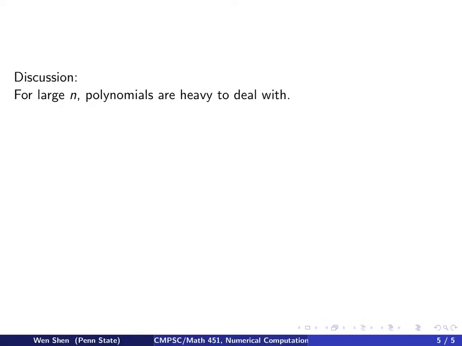Now before we end the chapter, we make a few discussion points. For polynomial interpolation, if we allow n to grow large, in the end we have a polynomial of a very high degree, and these are actually becoming heavy to deal with.